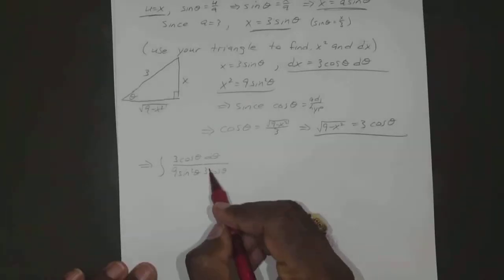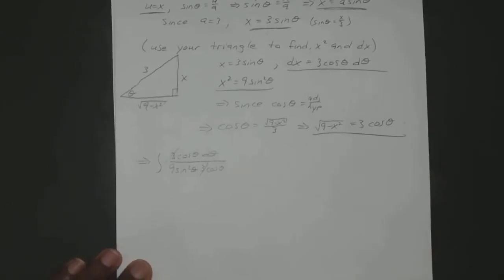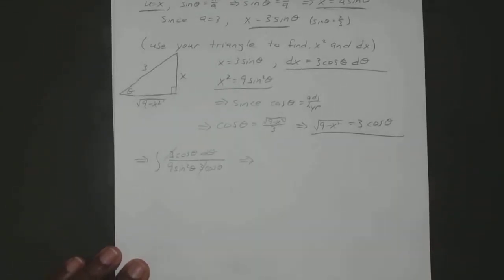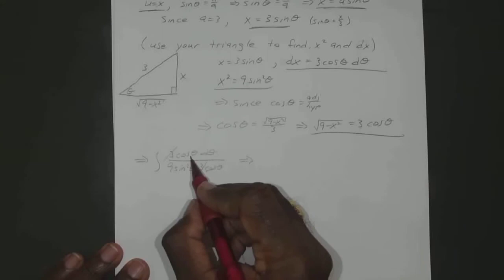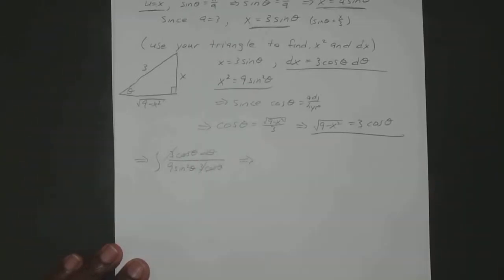So the 3's cancel each other out, and the cosines cancel each other out too.